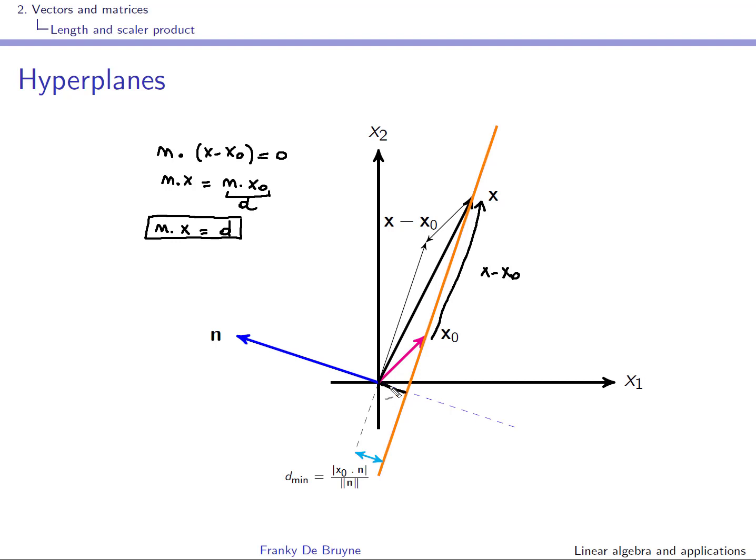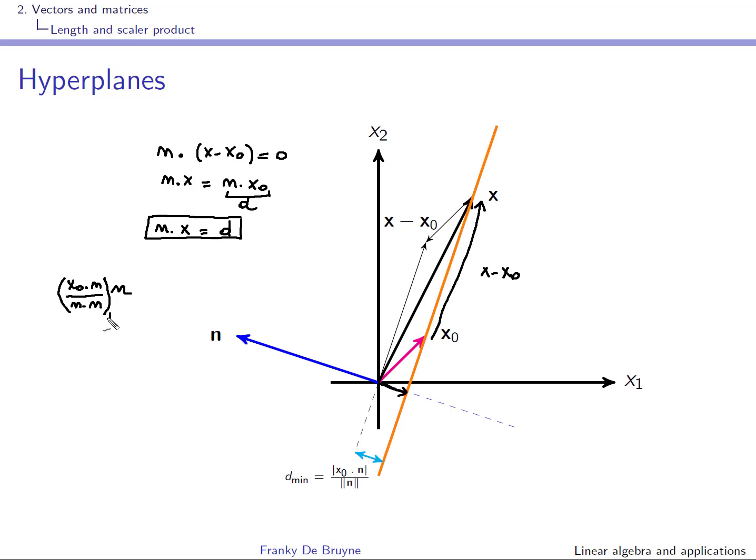So we can use these projections that we had obtained before and project x0 on n, and in this case this will produce this vector over here, and obviously the projection is a vector that is in the direction of n, and what we'll have is x0 scalar product with n divided by the scalar product of n by itself.